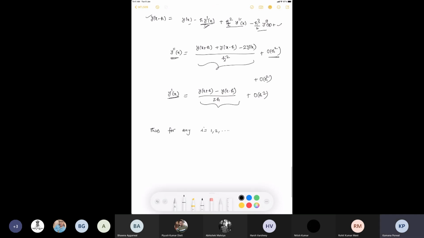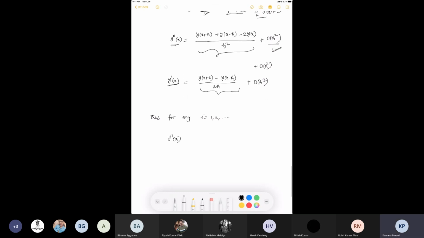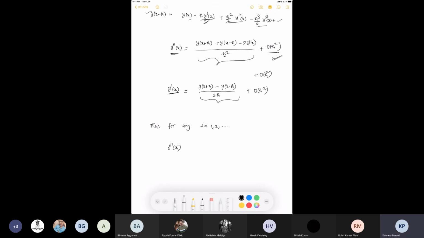Now till which point can I go? What can be the last value of i here? Suppose I want to find the approximation of y double prime at xi using this formula. You can see I'm starting from 1, not from 0, because I have xi and I'll be having xi minus h. So the minimum value of i is 1, because I have the data from x0, y0.